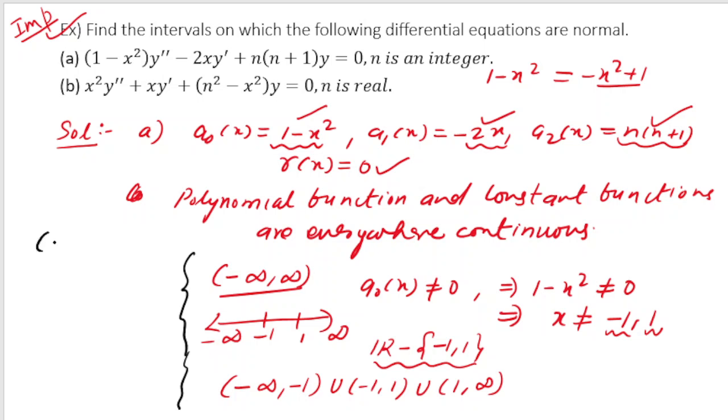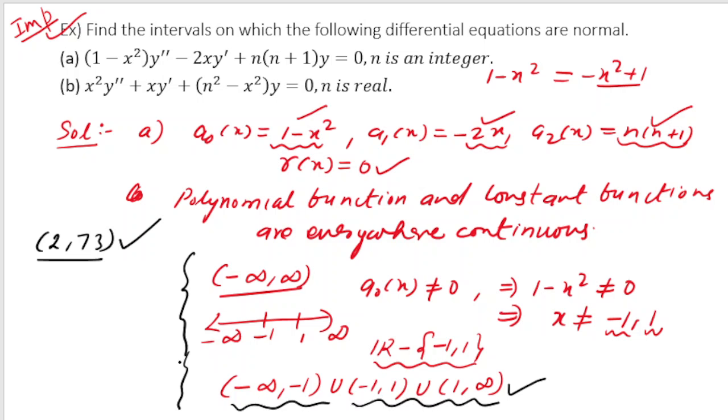If I take an interval like 2 comma 73, in this interval 1 and minus 1 are both not present, so the differential equation is normal in this interval. So basically the idea is that the differential equation will be normal in any sub interval contained in this, which is the largest possible interval in which the differential equation is normal.